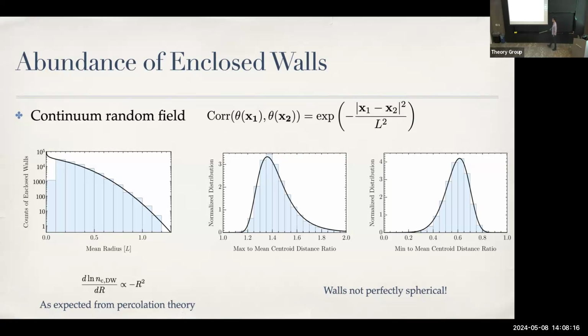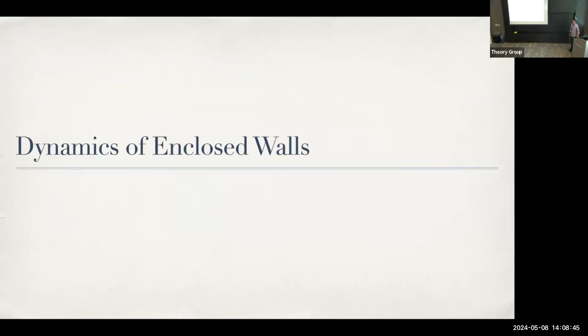What you find is that they typically will have some ellipticity, with a semi-major to semi-minor axis ratio such that they are roughly 1.4 times longer on the longest side, the semi-major axis, compared to their mean axis size. And their smallest axis will typically be about 0.6 times their mean axis size. The key thing to note is that most of these walls are not perfectly spherical, and this will hinder PVH formation, something we need to take into account when estimating the abundance of these enclosed walls.